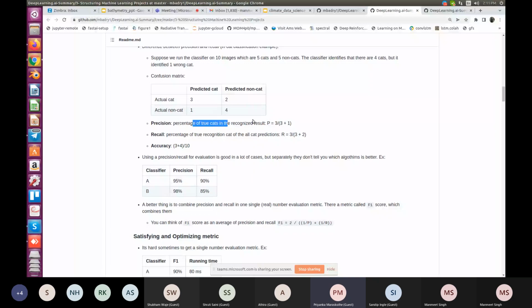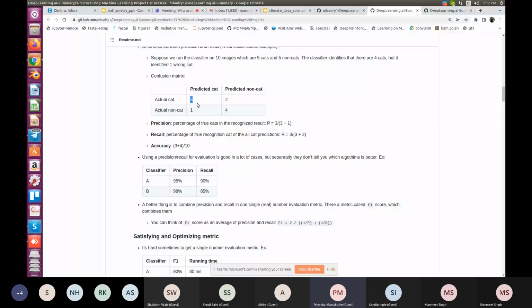That is, the number of true cats your model has predicted, divided by the total it has predicted as cats. So your model is predicting four cats, out of which three are correct. You just consider your model predictions.